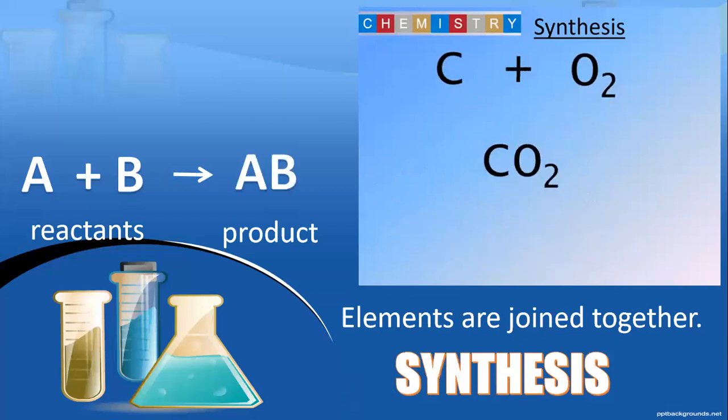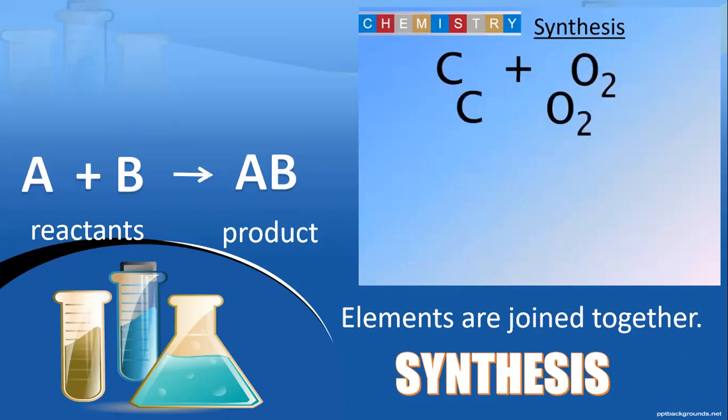So in synthesis, there are two reactants and one product that can be a more complicated substance because it can be a combination of two elements, two compounds, or one element and one compound.